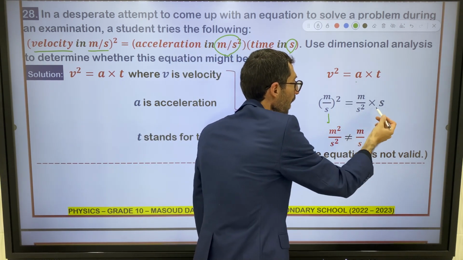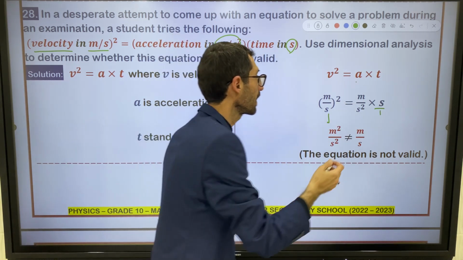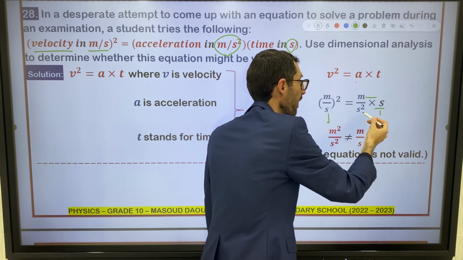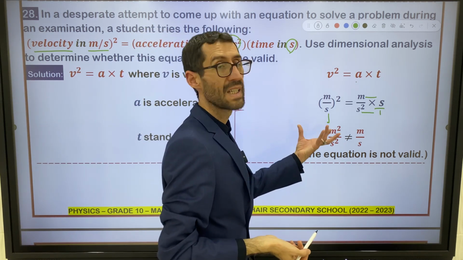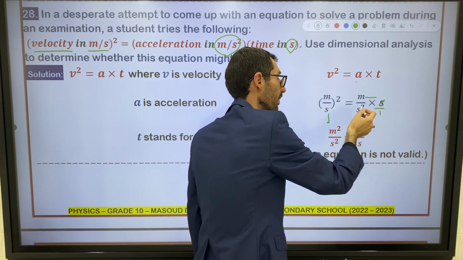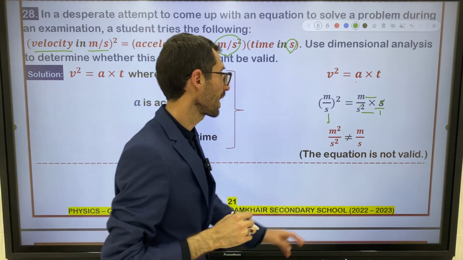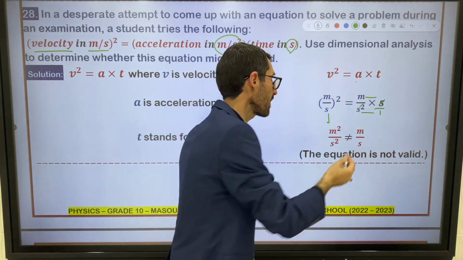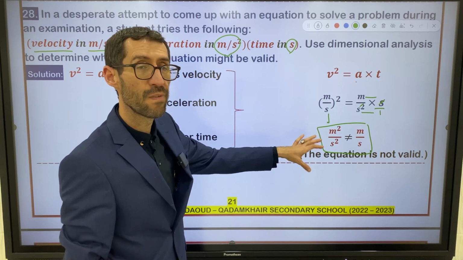But here, I want you to put a denominator of 1 under the s and multiply numerator with numerator, denominator with denominator. So what do you get here? Second simplifies with the exponent, and the last answer of the right part becomes m over s.